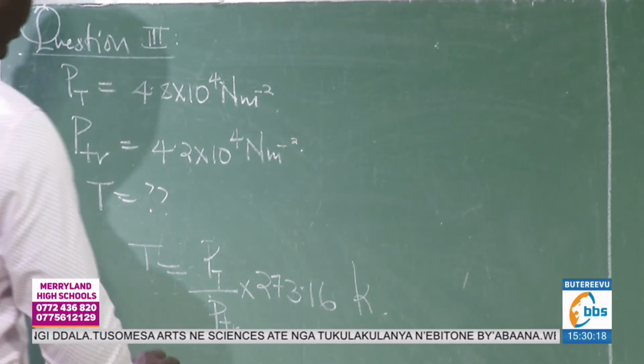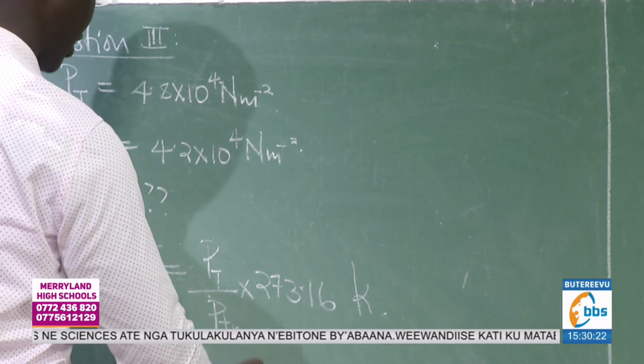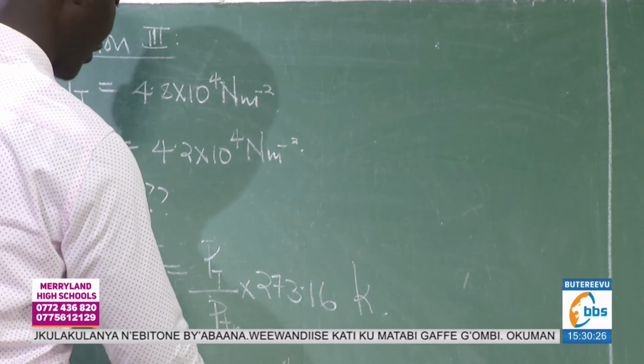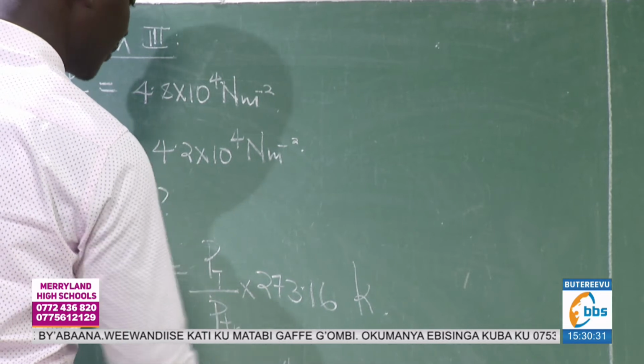So my unknown Kelvin temperature is the value 4.8 exponent 4 divided by 4.2 exponent 4 multiplied with 273.16.